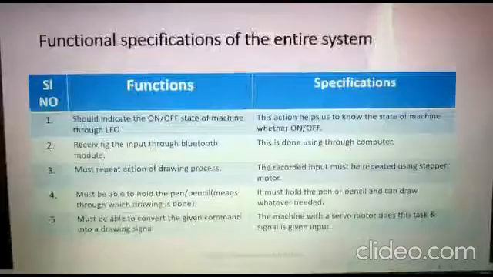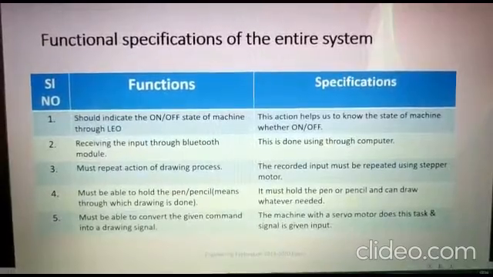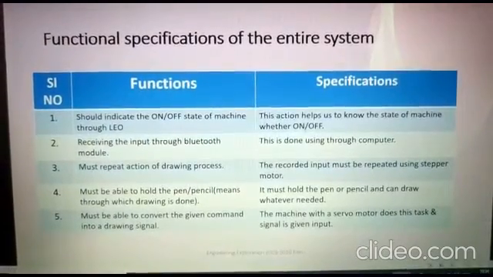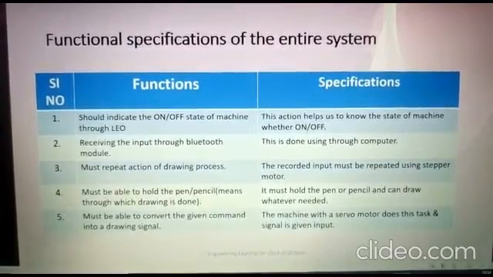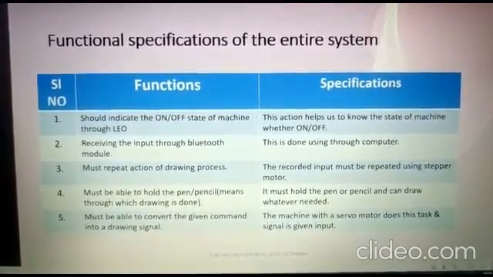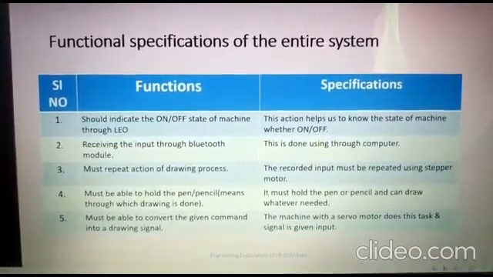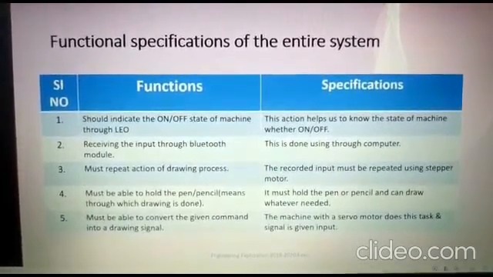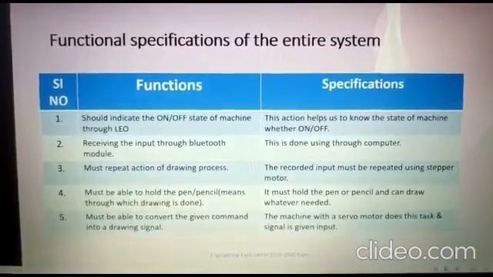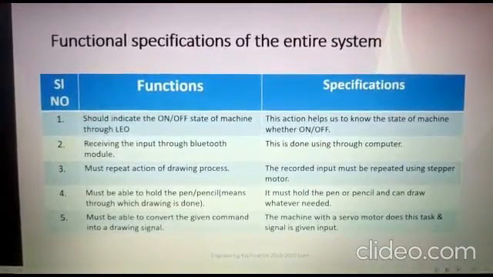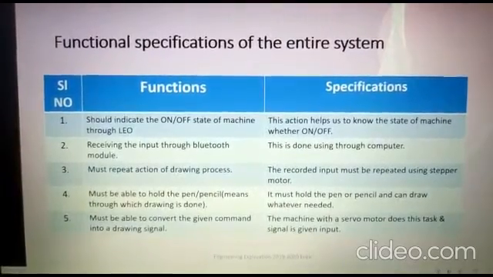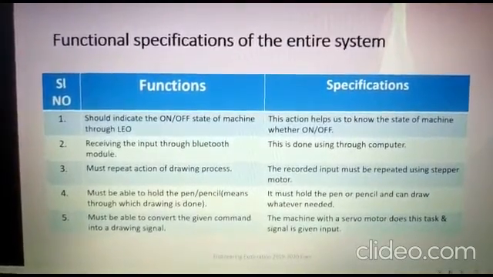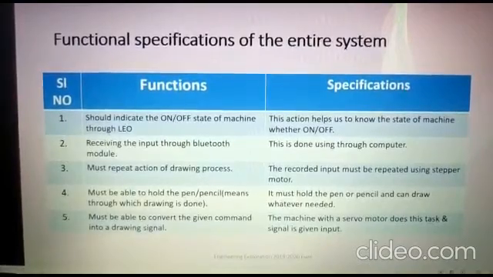Hello everyone. Here is our new slide, function specification of the entire system. We have identified 5 functions for our course project Lead Through Programming. First, it should indicate the on or off state of the machine through LED, and its specification is that this action helps us know whether the machine is on or off. Second, receiving the input through Bluetooth module, and its specification is that this is done using a laptop or computer.